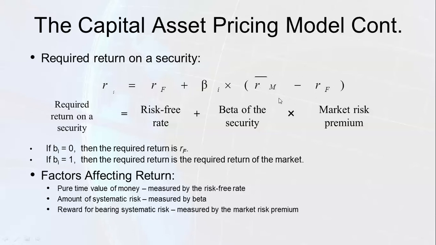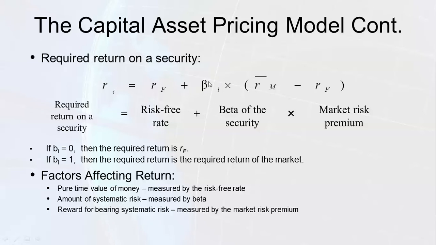Investors hold a well-diversified portfolio which is similar to the market portfolio. Since all the unsystematic part of risk is eliminated, only systematic risk is left over. Beta captures that systematic risk, which is basically the sensitivity of stock return to the market.